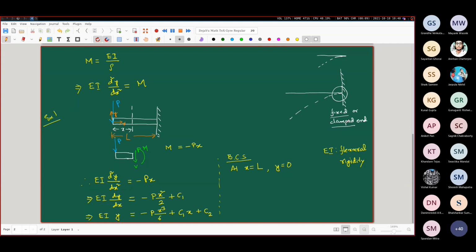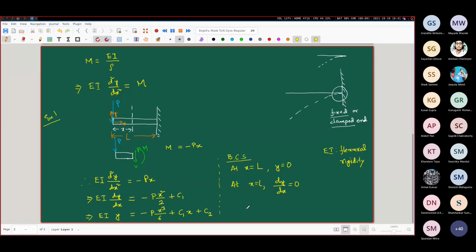Right now, for the solution of this problem, the important thing to apply from this knowledge is that at the fixed or clamped end, that is at x equal to L, you are going to have dy/dx equal to 0. Now this is just a case of doing algebra correctly, so you can do it later on.